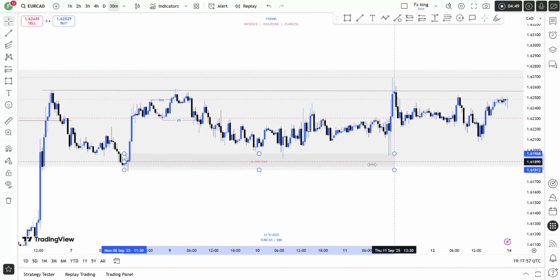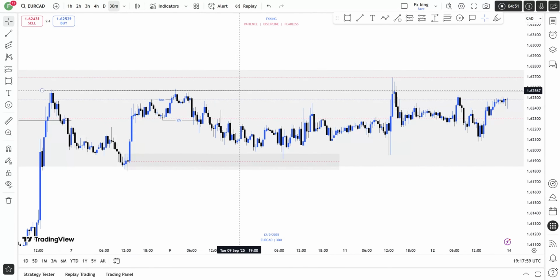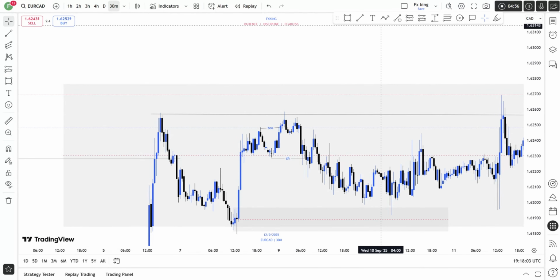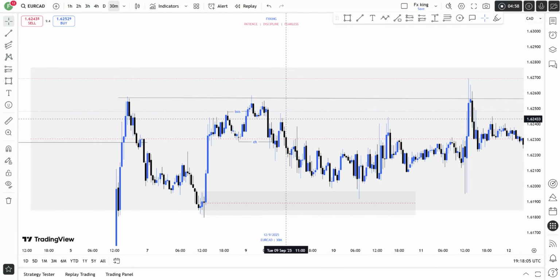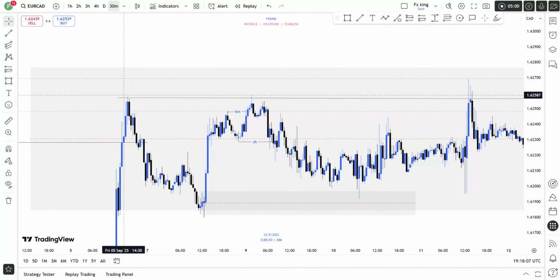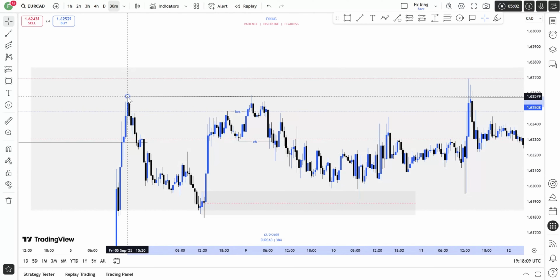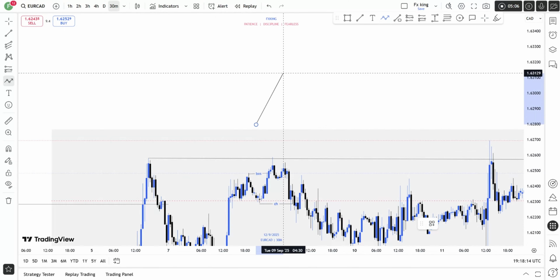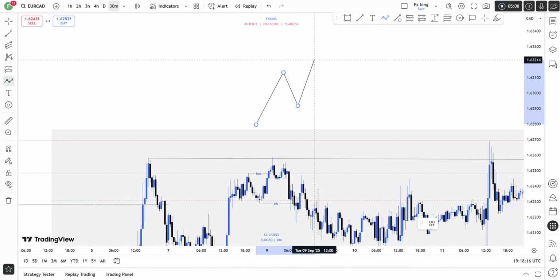So once this market has given us this change of character, what I'm initially looking for is a sell. Why am I looking for a sell here, right? You can see on a daily time frame, we have this move like this. The market has broken structure.